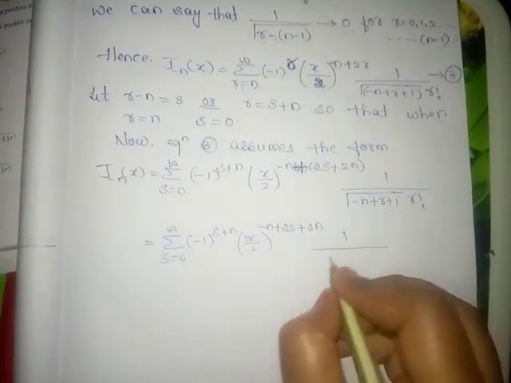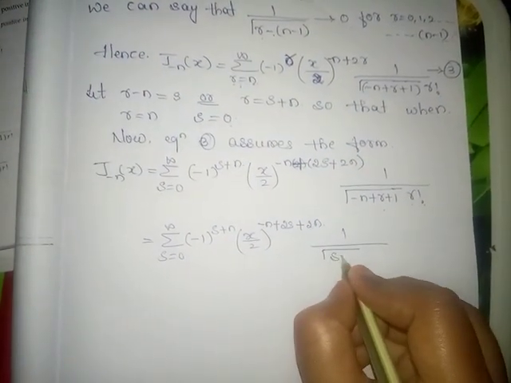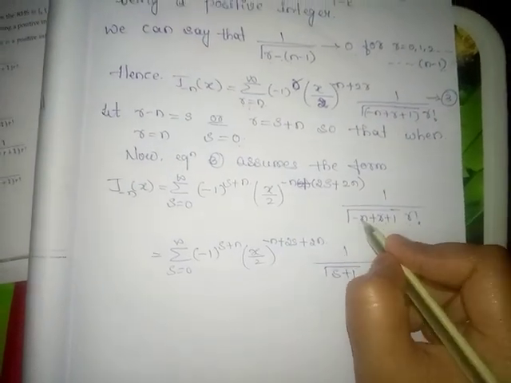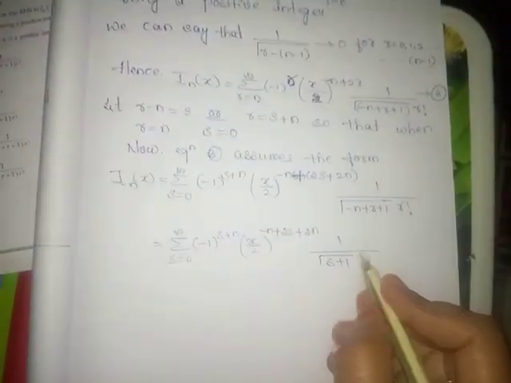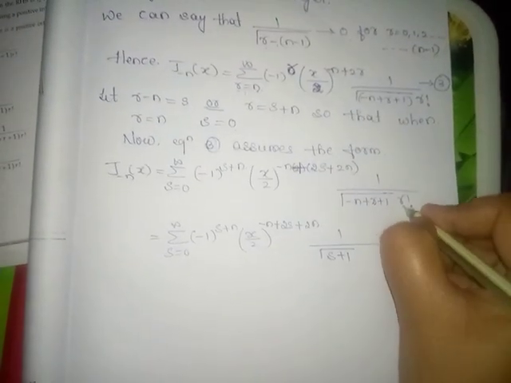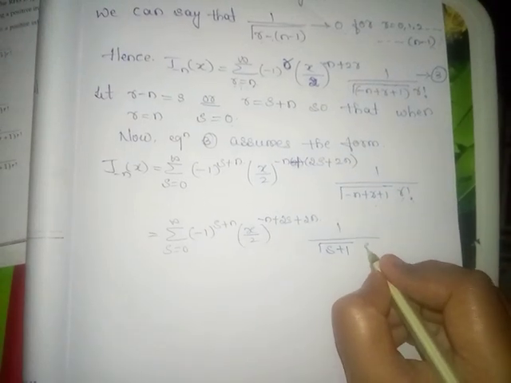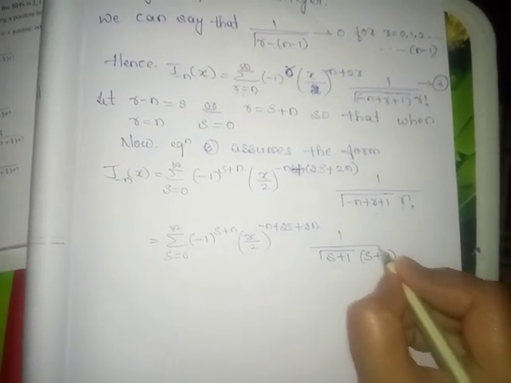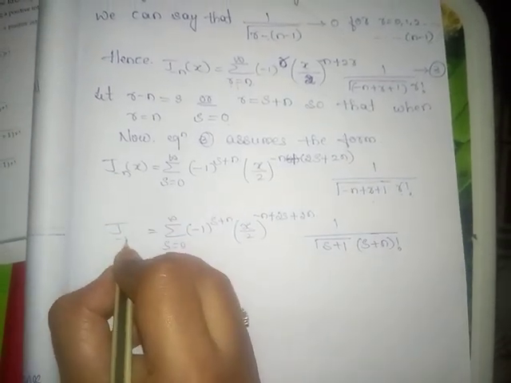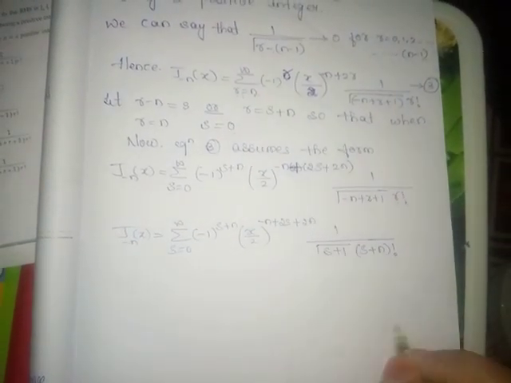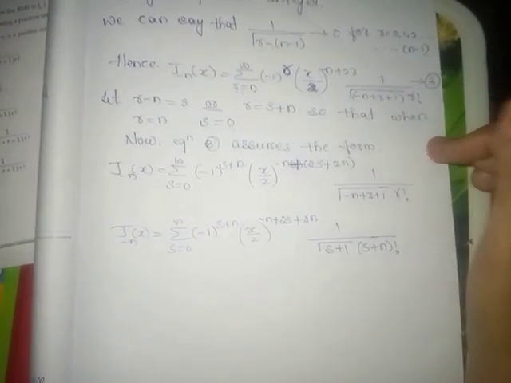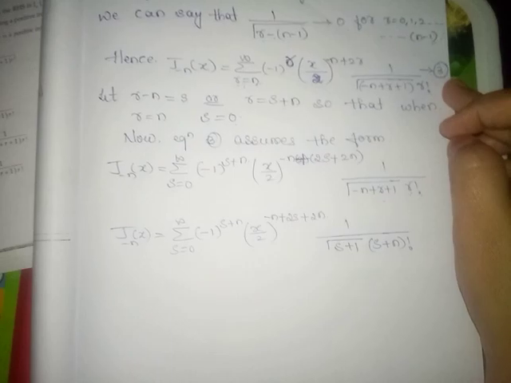It is s, so we get gamma of s plus 1, and r value is s plus n, therefore s plus n factorial. This is j minus n of x after substituting the values of r and r minus n in equation 3.